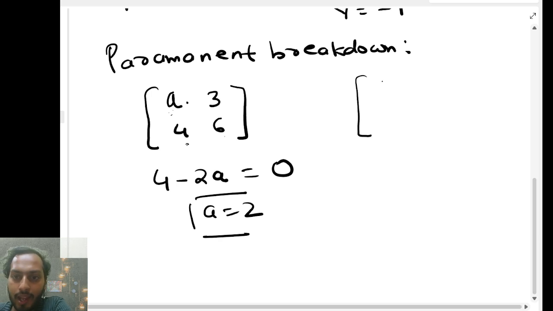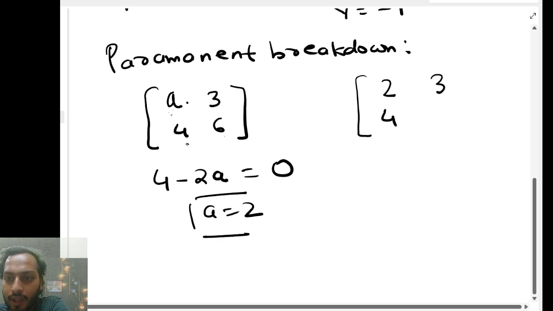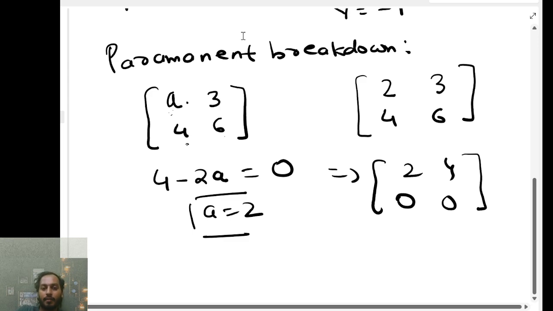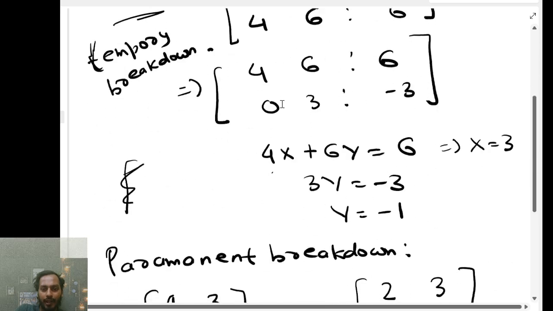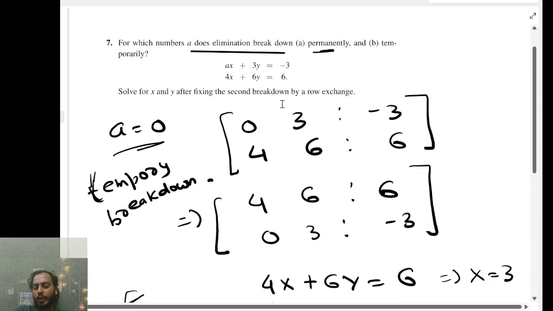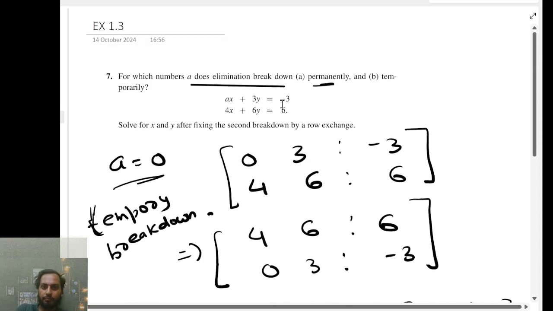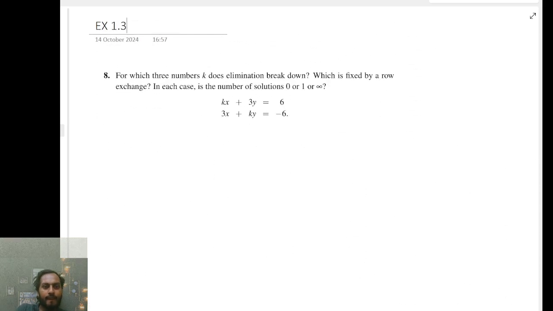If I fill in A as 2, with 3, 4, 6, and you choose 2 as the multiplier, this becomes 0, which is no harm, but this will also become 0 and it becomes a permanent breakdown. Your second pivot becomes 0 and it becomes a singular case. So if you are talking about a permanent breakdown, I should choose A as 2. Is it okay, the seventh question?